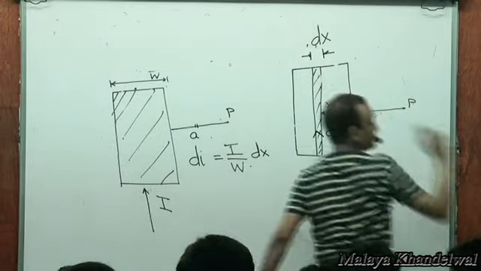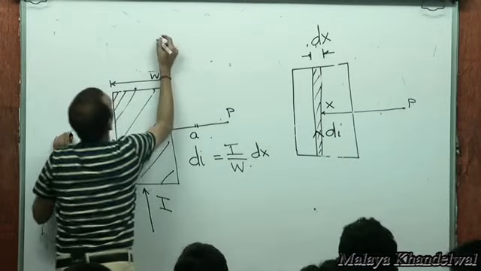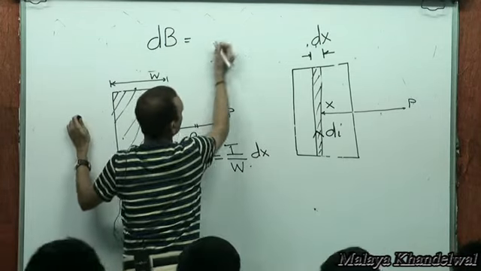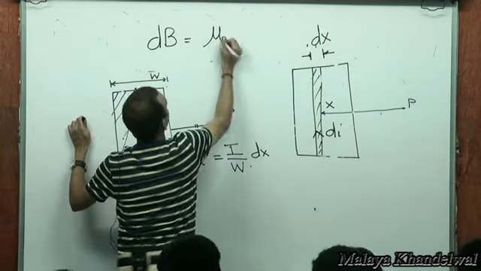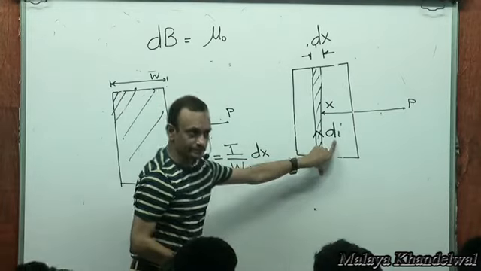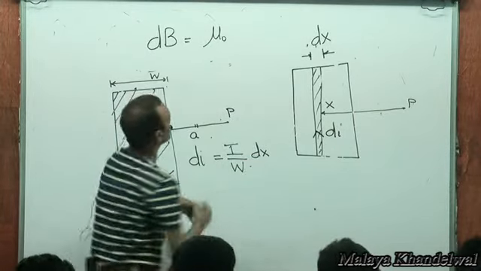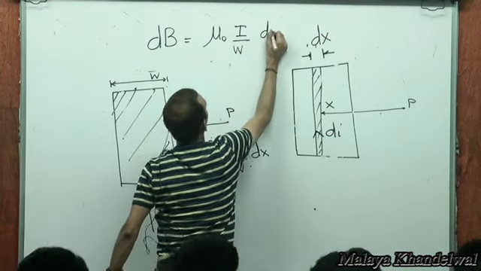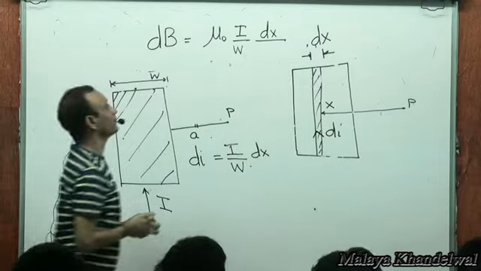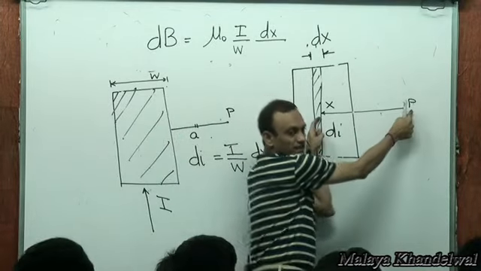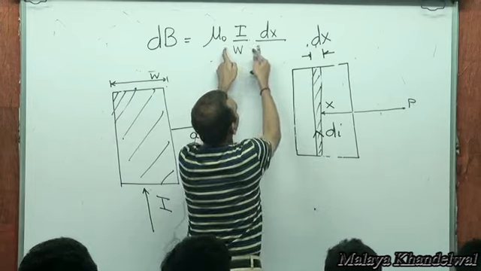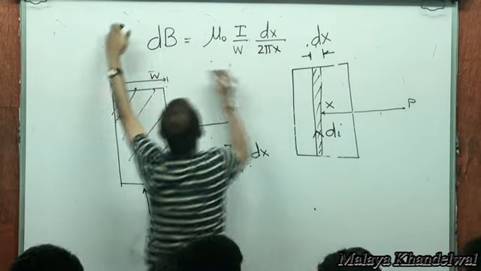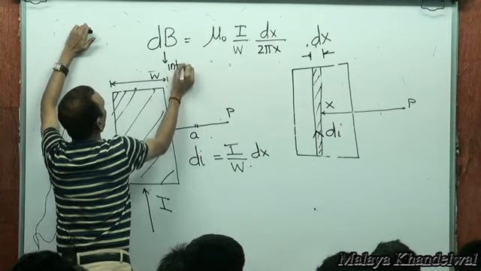the magnetic field produced at P by this thin wire into the plane of the board, in this case for the figure shown, is going to be mu naught times the current dI, which is I by w into dx, divided by 2 pi x, and it's going to be into the plane of the board for the given diagram.